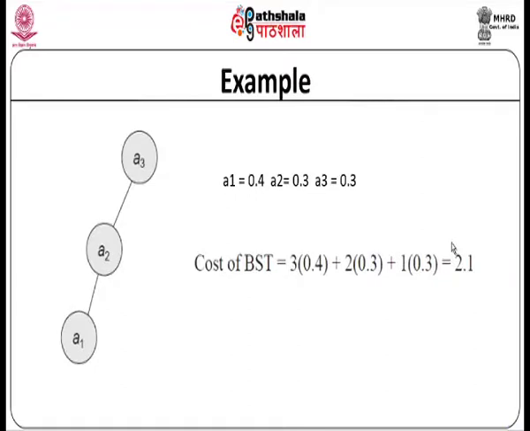So, recollect the rules of the BST. As I said earlier, all the nodes on the left hand side should be lesser than the value of the root node, and all the elements on the right hand side are going to be greater than what is present in the root node.